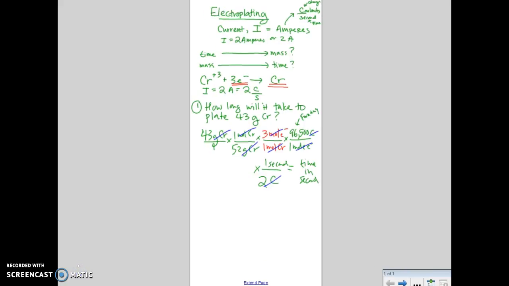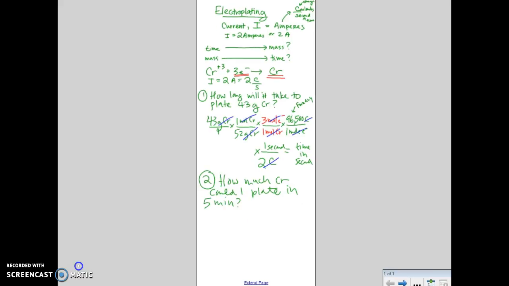If we were to go the other way, it's just how much Cr could I plate in 5 minutes? Pretty straightforward. It's just stoichiometry. 5 minutes, 1 minute is 60 seconds.